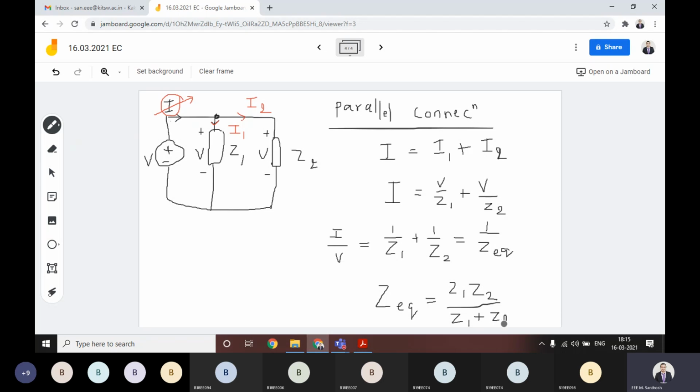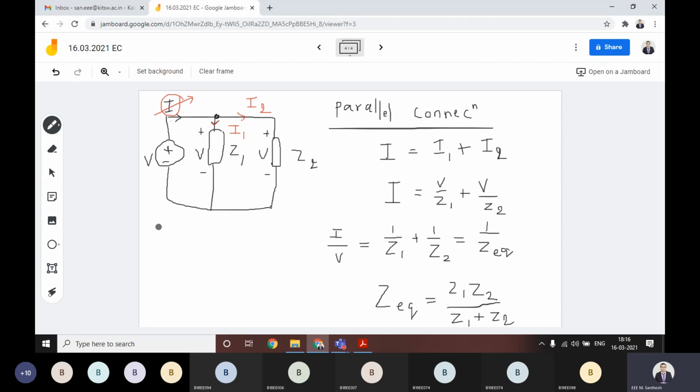Then I want to mention, in this case, I1 is simply V by Z1. Okay, what is the value of V here? How will we calculate V? It is I into Z equivalent, right?